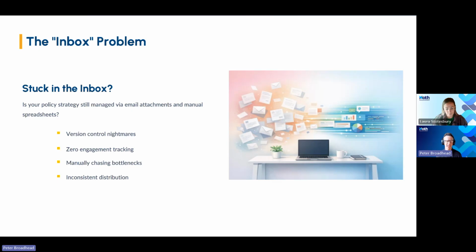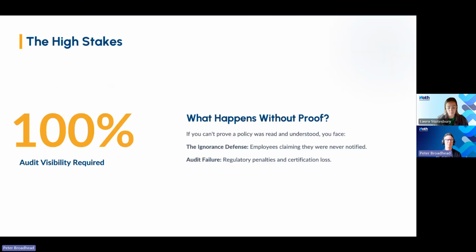You want to create that harmony within the organization for understanding what you can use and the culture of the organization as well. And a system like this can be that first stepping stone to provide you that harmony and assurance within the organization. So chasing, bottlenecks, version controls, inconsistent distribution, these are all some of the common pain points we find.